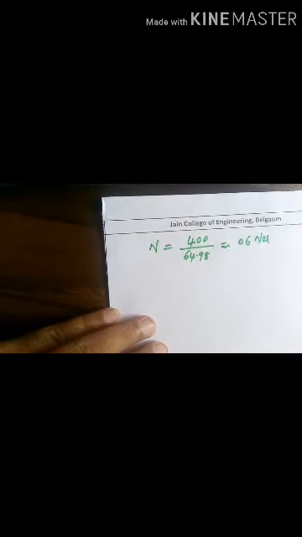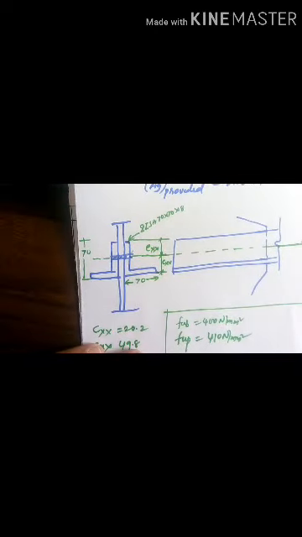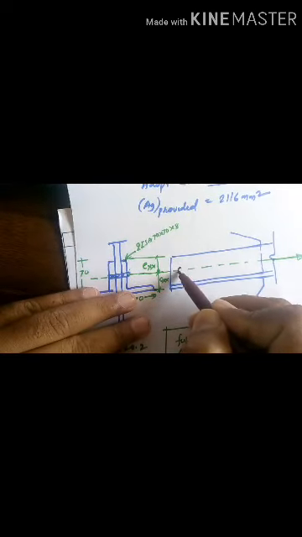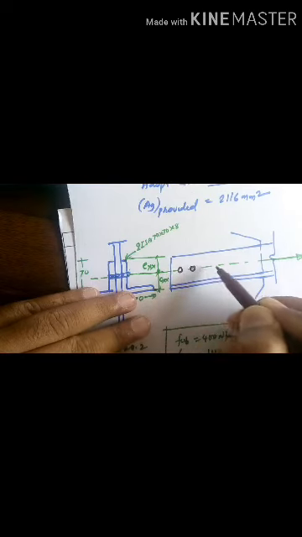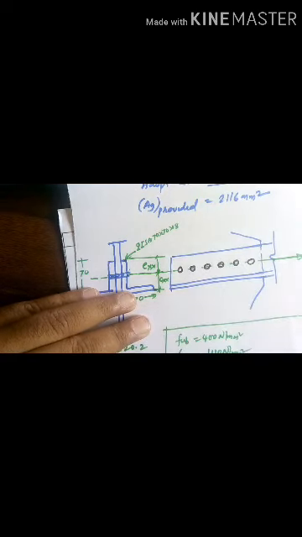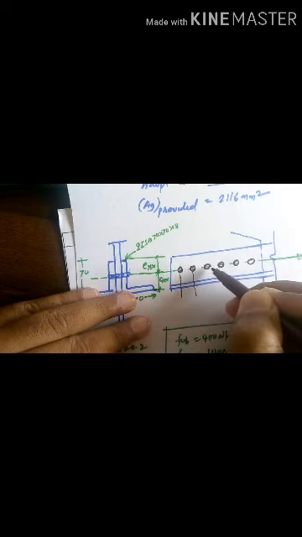We have already drawn this figure just to mark the number of bolts. Draw the 6 bolts we have obtained: 1, 2, 3, 4, 5, 6. And also we have calculated the edge distance and pitch distance, so mark that.